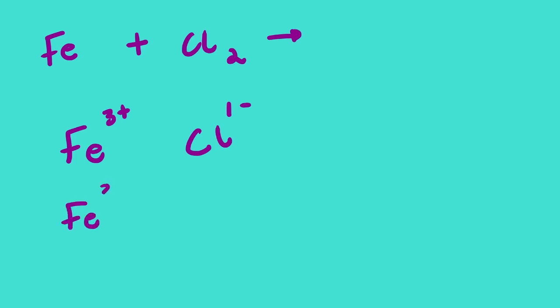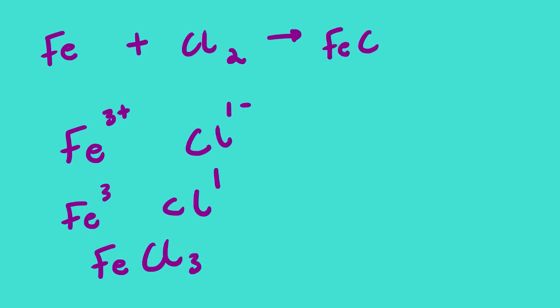Then we have something like this. When you cross multiply, you are going to have FeCl3. When it reacts with iron 2, it will have FeCl2.